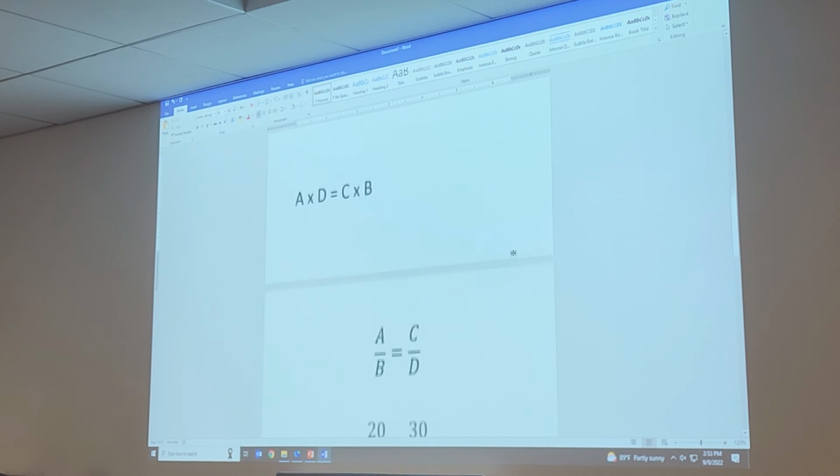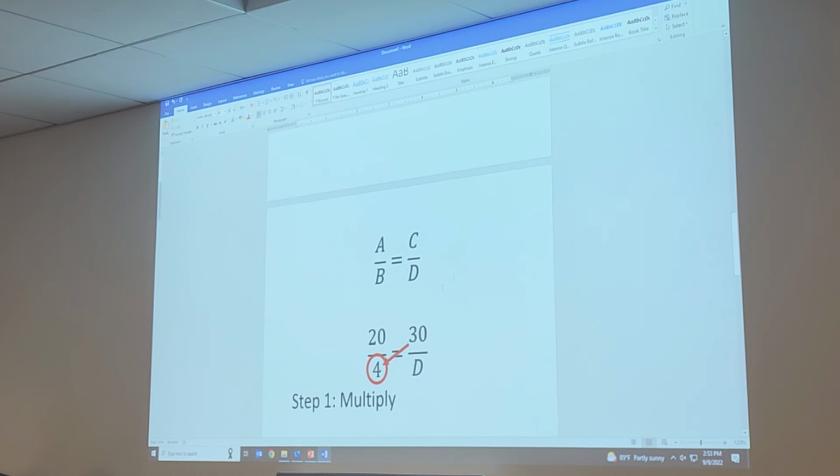Ratios. Alright, so step one. So this is number one for section D, right? I plugged in the numbers. Okay. So all you do is start with the number on the same side as D. Right? In this case, 30 is on the same side as D, correct? Same side of the equal sign.